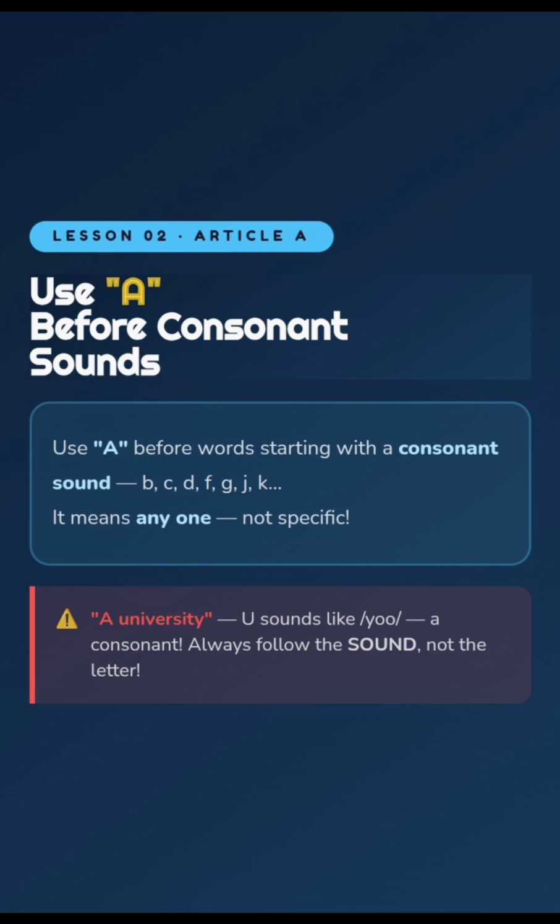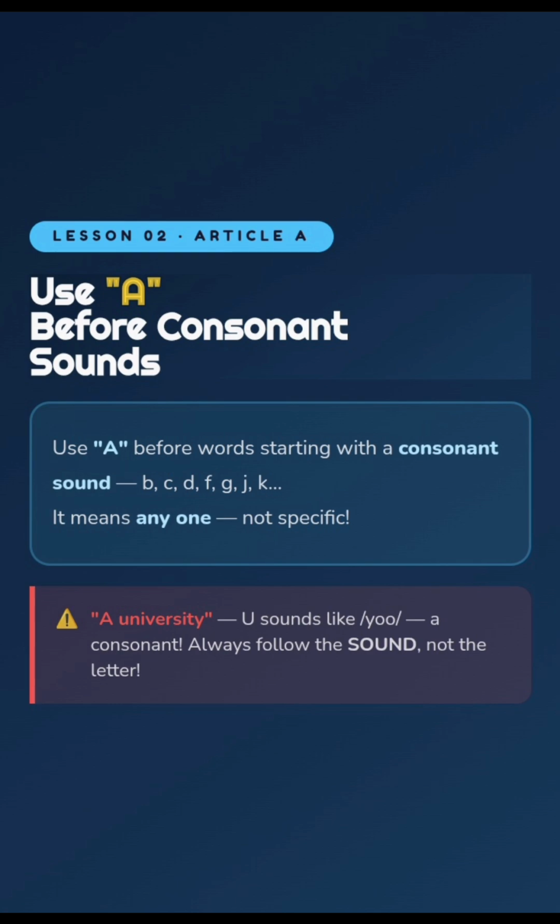Let us start with the first article, a. We use a before a word that starts with a consonant sound. Consonant sounds are sounds like B, C, D, F, G, J, K, and many more. For example, a cat, a book, a dog, a pen.